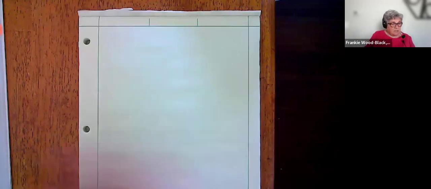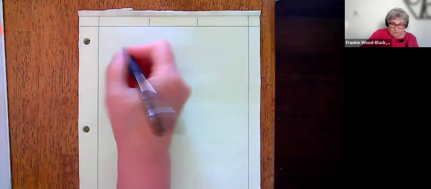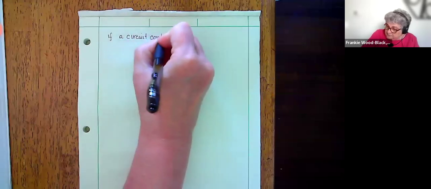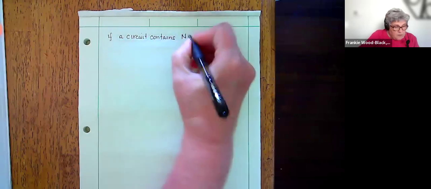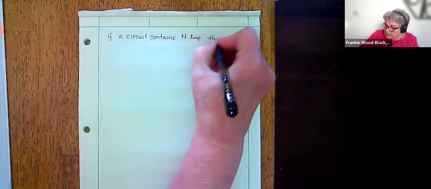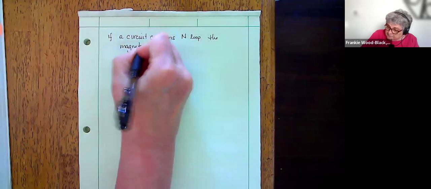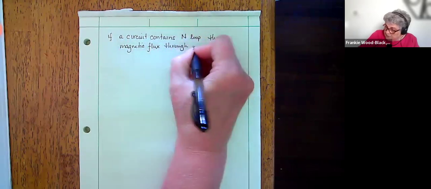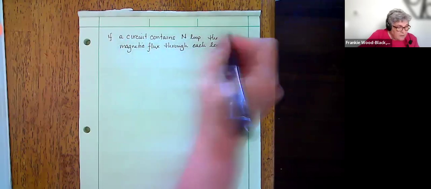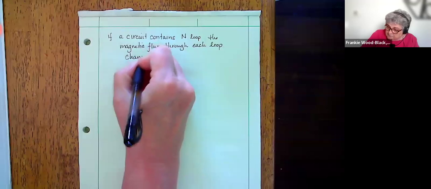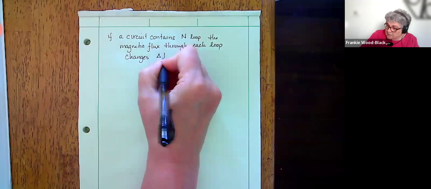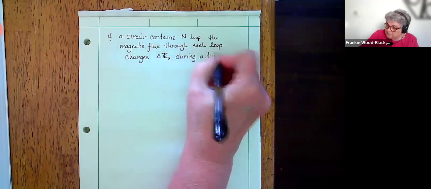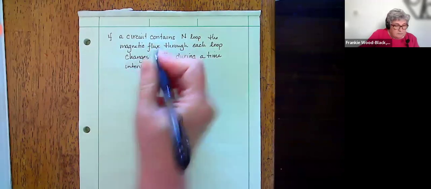He actually didn't do the mathematics, other people did the mathematics, but Faraday's law says if a circuit contains N loops, the magnetic flux through each loop changes, and we do the delta of this during a time interval, delta t.